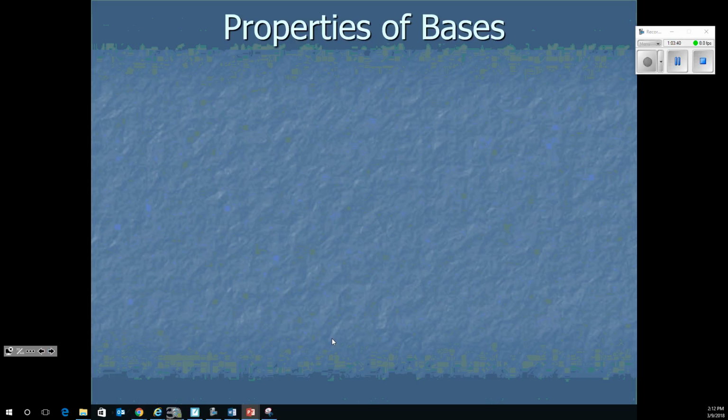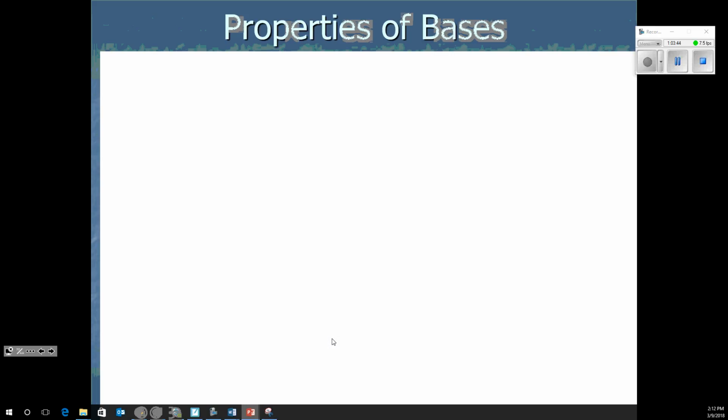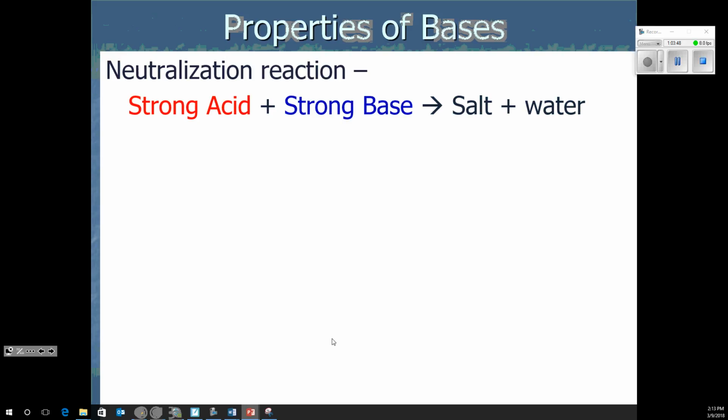Okay, so let's talk about bases here for a minute. Property of bases, we have a neutralization reaction. A neutralization reaction is this. Is CO3 soluble, or acid or a base? Yes.